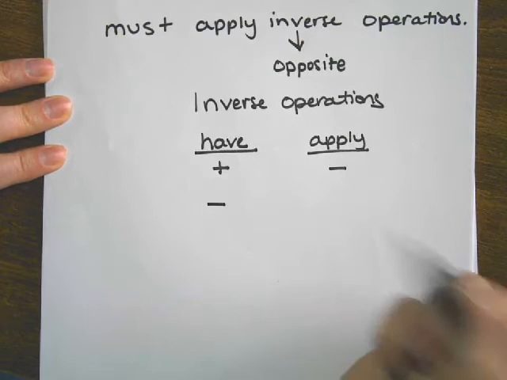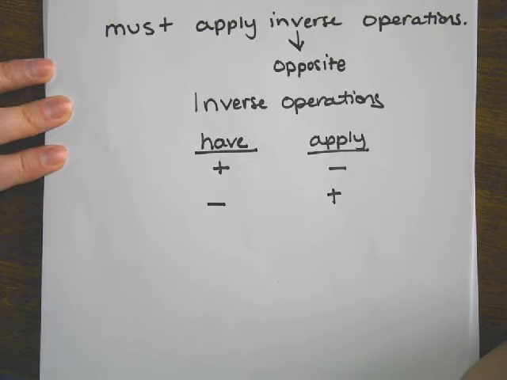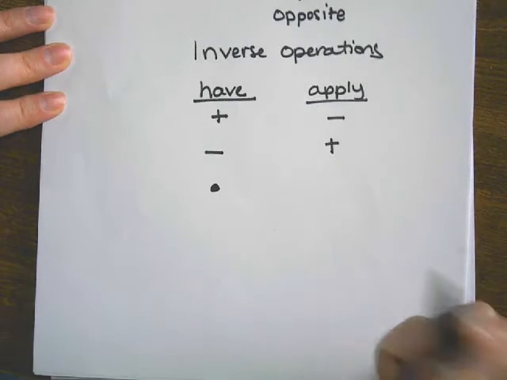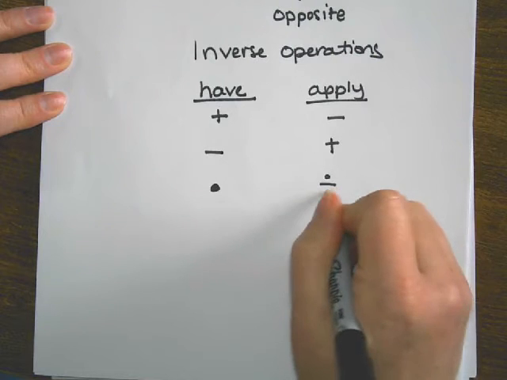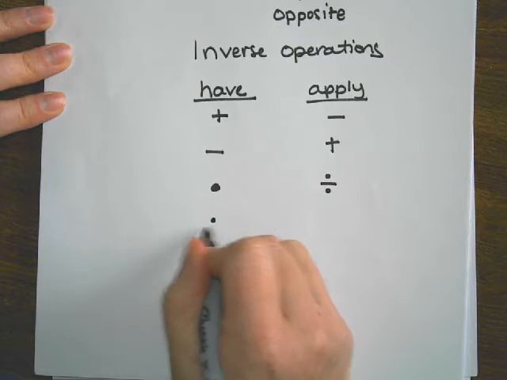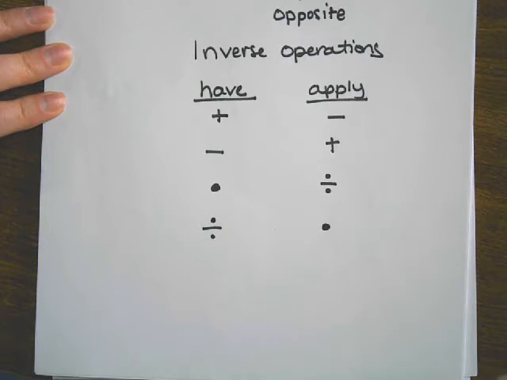If I have subtraction, I'm going to apply addition. If I have multiplication, I'm going to apply division. And if I have division, I'm going to apply multiplication. I'm always going to do the opposite operation.